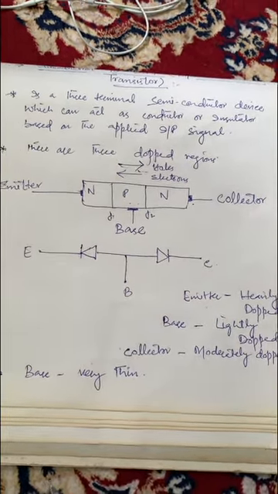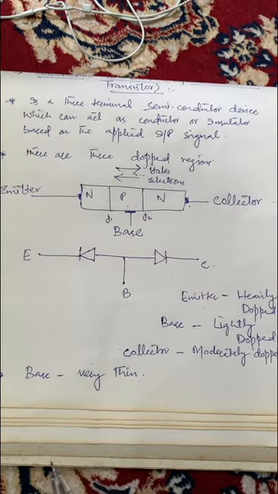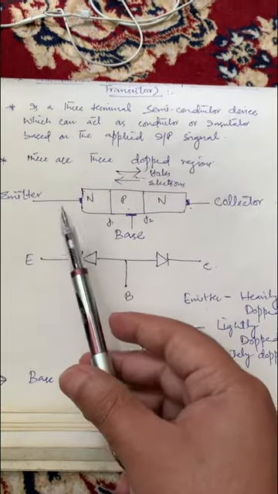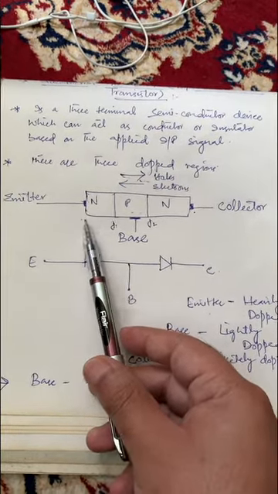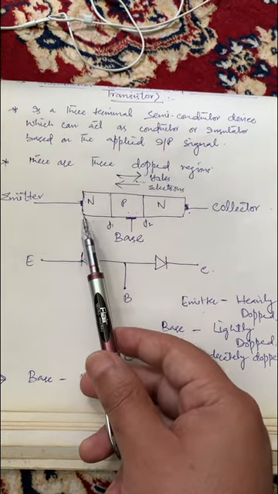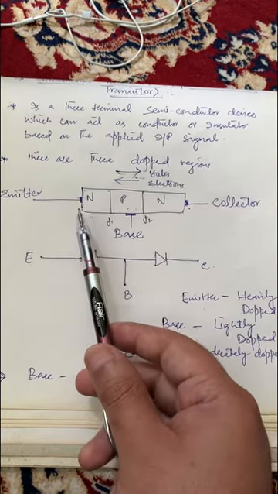Now if we talk about the internal construction of the BJT, the emitter side is heavily doped, and the function of the emitter is to supply the electrons, and that is why it is known as the emitter.